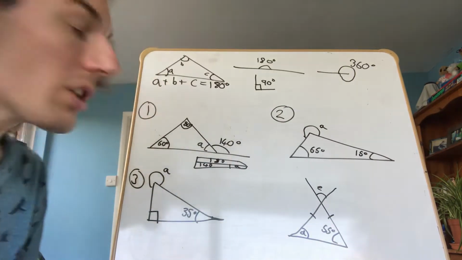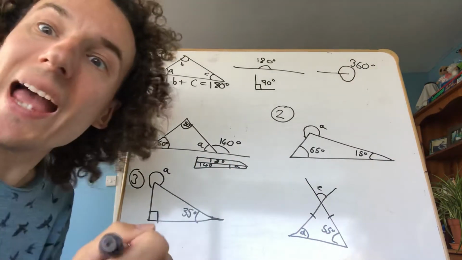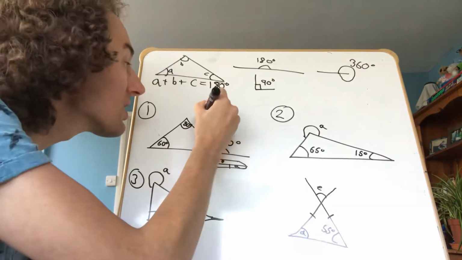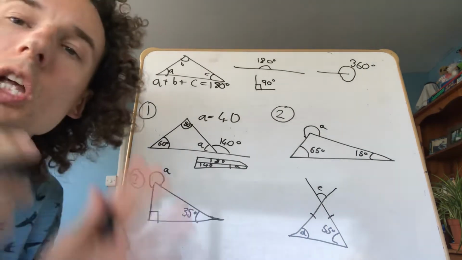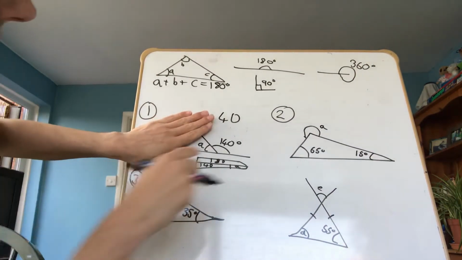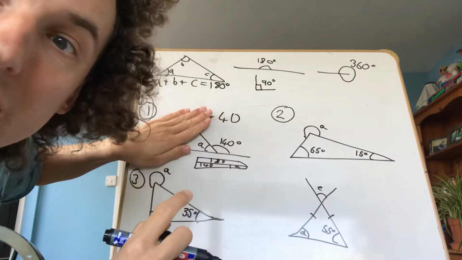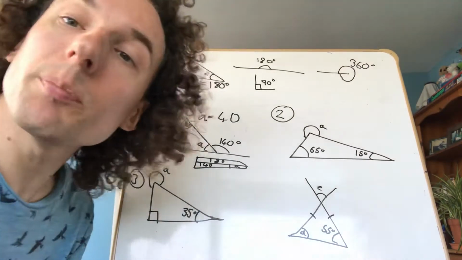So all we'd have to do is 180 take away 140 to get A. So 180 take away 140 is 40. So A equals 40. So on questions like this, these numbers aren't needed. Don't fall into that trap. If there's a straight line, we can just use the angles on a straight line rule. It's simpler and easier.